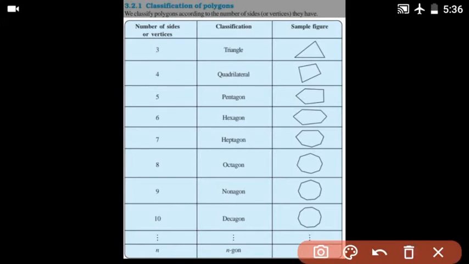A polygon with 6 sides is called a hexagon. A polygon with 7 sides is called a heptagon. A polygon with 8 sides is called an octagon. A polygon with 9 sides is called a nonagon. A polygon with 10 sides is called a decagon. And a polygon with n sides is called an n-gon.